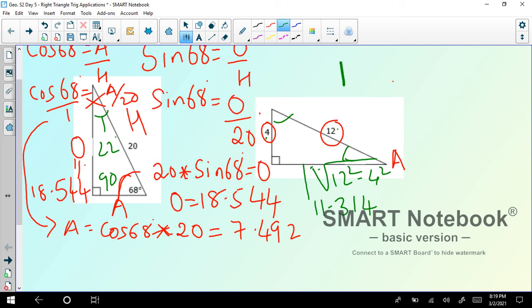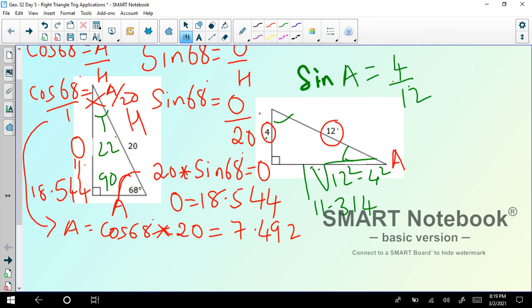So I can say that opposite over hypotenuse is your sine A. So I can say that sine A equals 4 over 12, right?